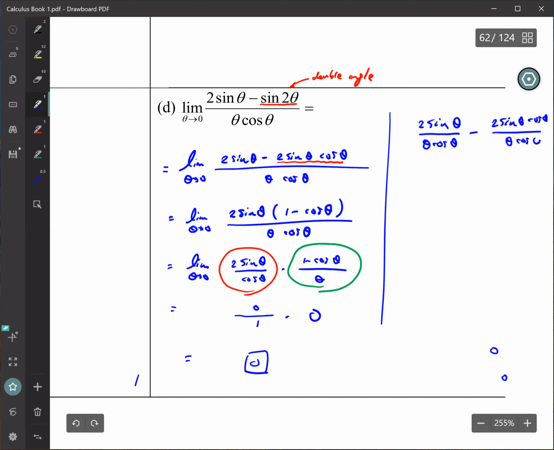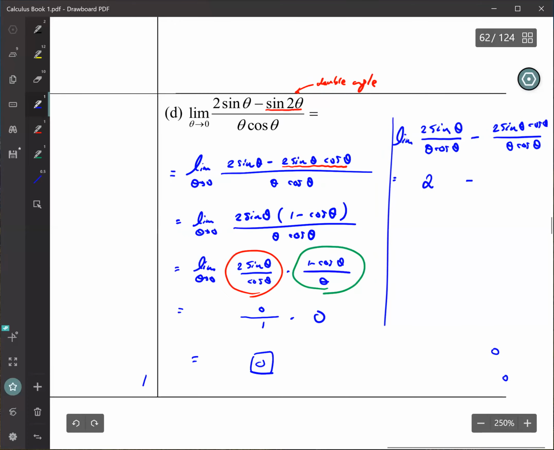So you split a fraction. Yeah. On the left side it just becomes 2 because the cosine theta cancels out. So then you use the rule and then it's minus 2. And then the other side, I did 2 sine theta over theta times 1 over cosine theta.